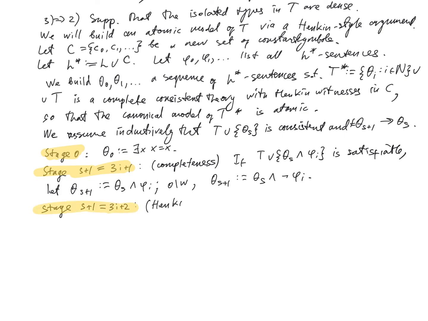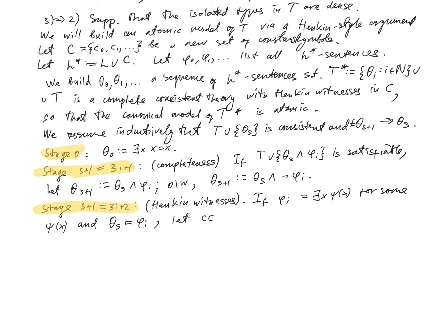Now for the stage s+1 of the form 3i+2 for some i. In this case, we ensure existence of Henkin witnesses in C. If phi_i is of the form exists x psi of x for some L formula psi of x, and theta_s implies phi_i, we let c in C be a constant symbol not occurring in theta_s.